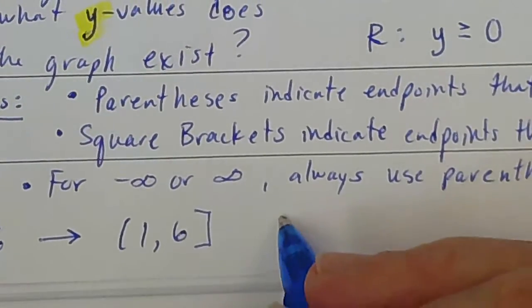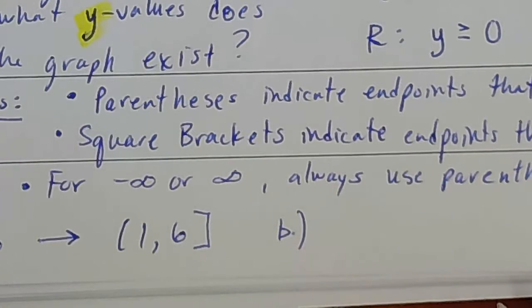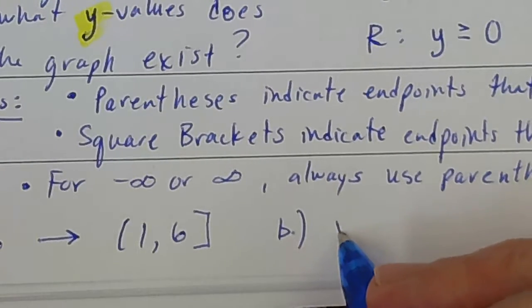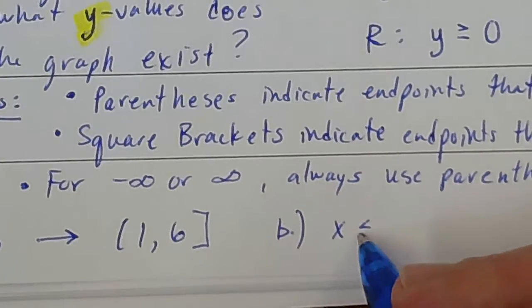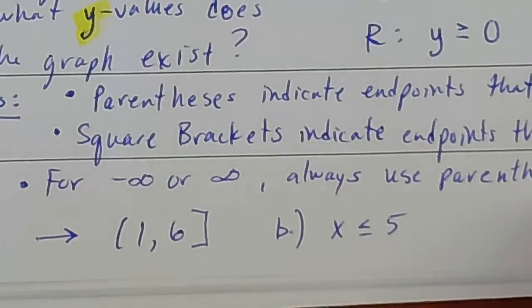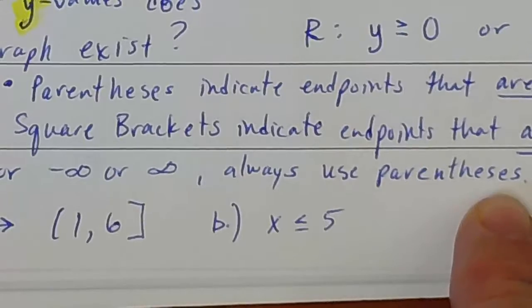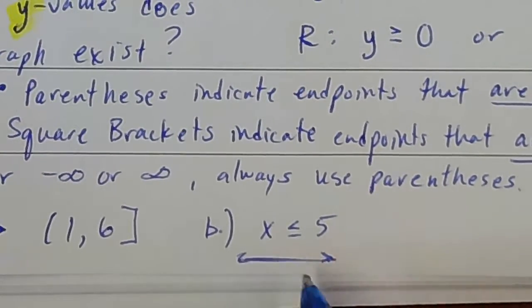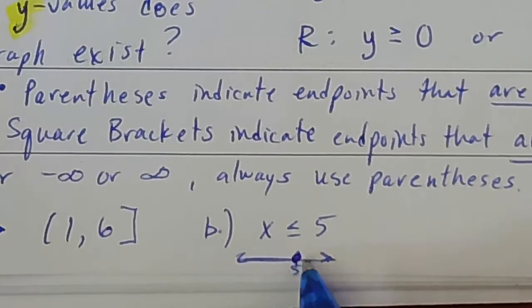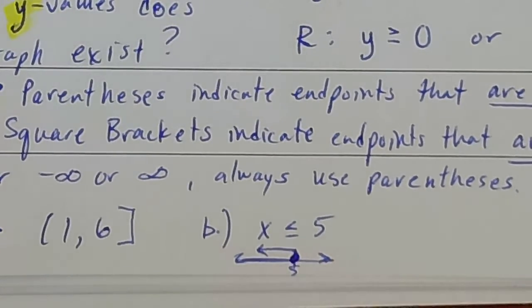Let me show you a different one. Let's say it said X is less than or equal to 5. You know, on your number line, you don't necessarily have to include this if you don't want to, but I'm just giving you a little visual aid, right? It would be at 5 with a solid dot, and then it's going this way.